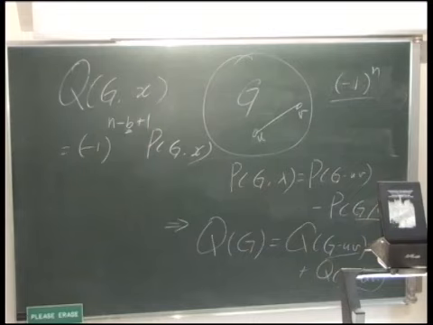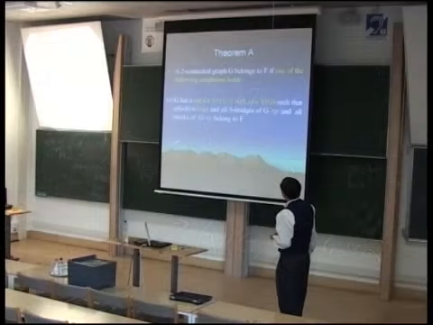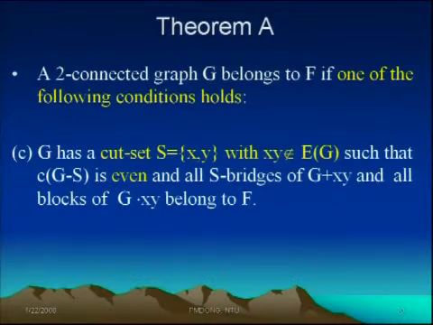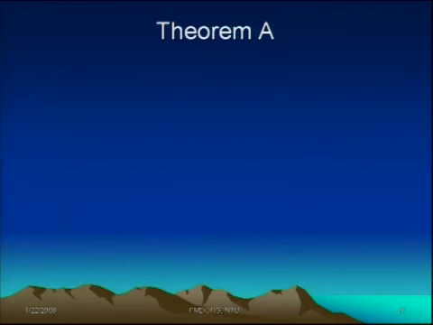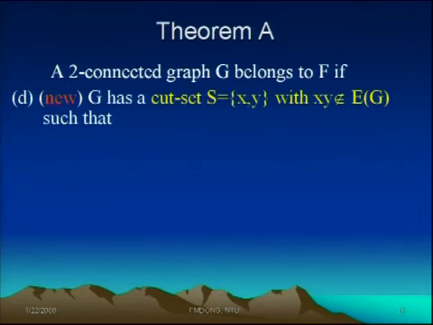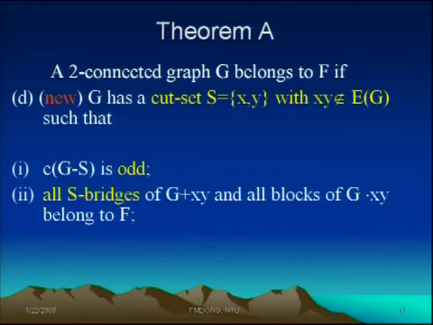Okay, and just last week after I came here, I was trying to find some condition for another case. If the number of components of G minus S is not even, it's odd, what happens? And I find it's very nice, the result can be extended to here. If G has a cut set X, Y that also disconnects, we need three conditions.